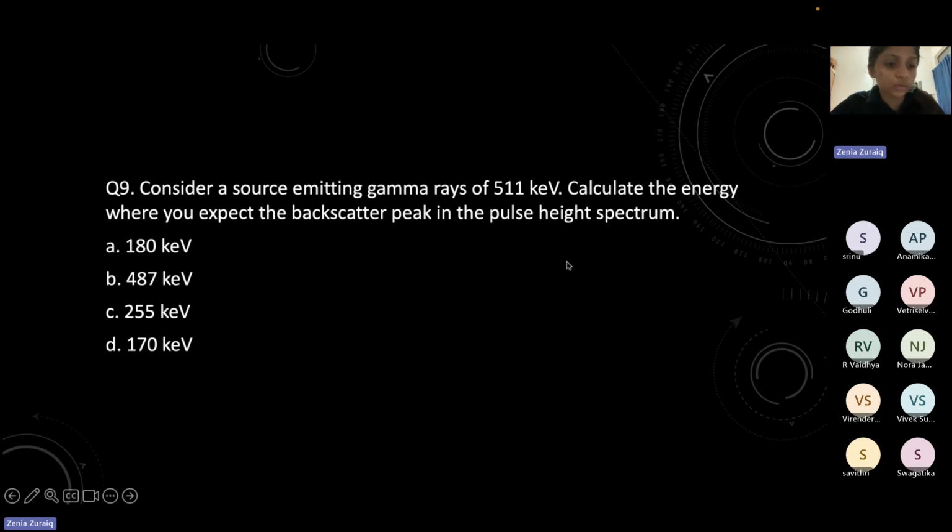I can give one more minute if anyone is still solving. Okay, I think we can move to the answer. The answer is actually 170 keV.